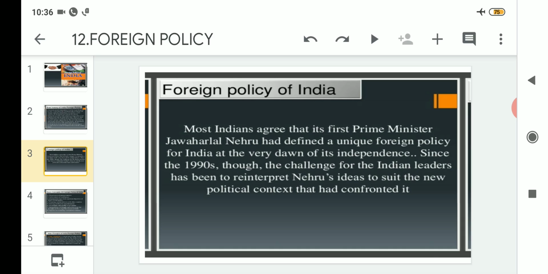It was not under any of the alliances, and along with that, India also was getting military assistance from the USSR, as the relation between the USSR and India was quite good at that moment.